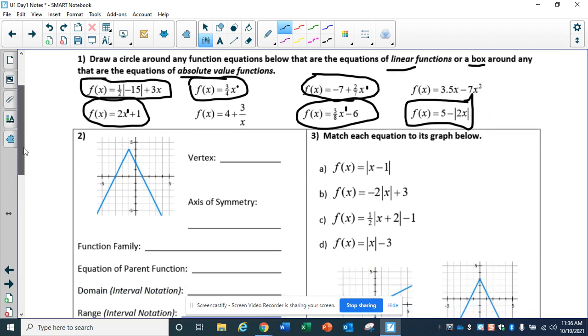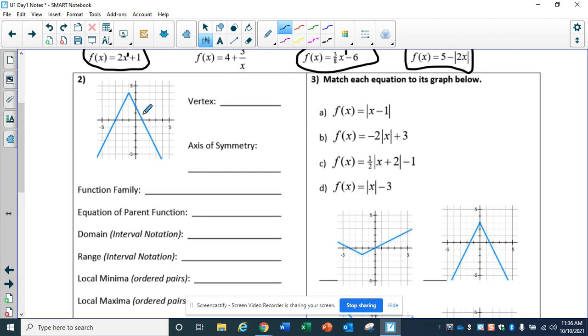All right, and now we are looking at the characteristics of absolute value functions. So if I see a V, that is going to be an absolute value function. It makes everything positive because that's the distance from 0, and the distance is always positive.